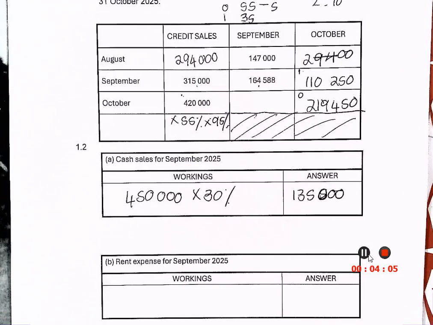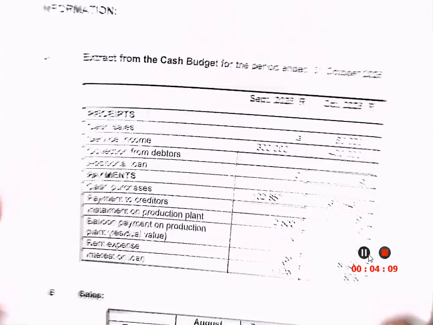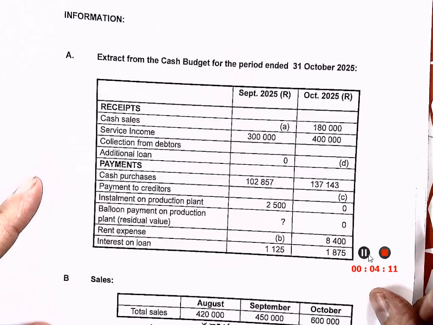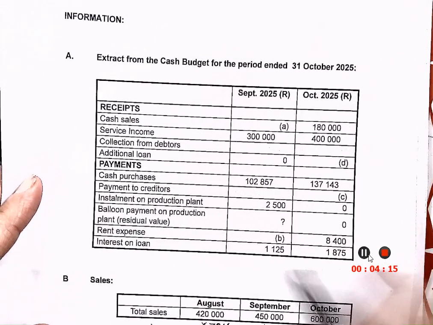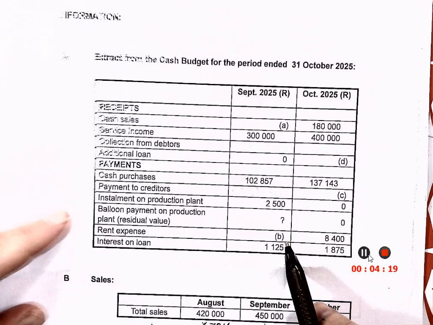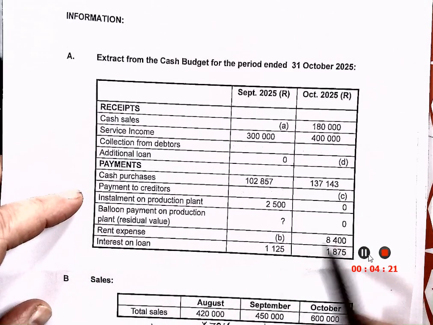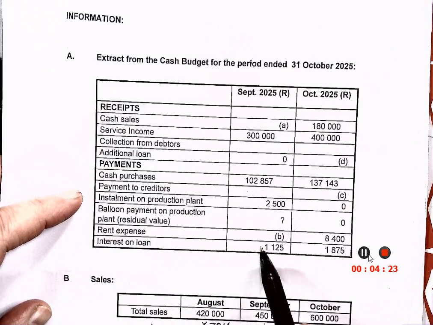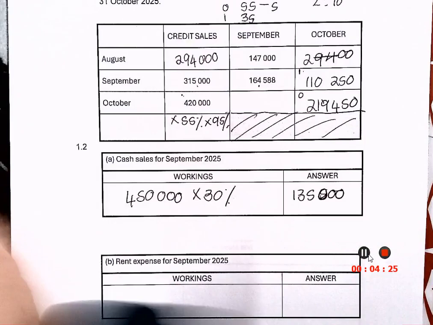Next one, they ask me the rent for September. So, if I look here, how can they ask me rent, oh, rent expense. Rent expense for September, there it is. But we must look because we don't know anything. So we have to look at the additional information.